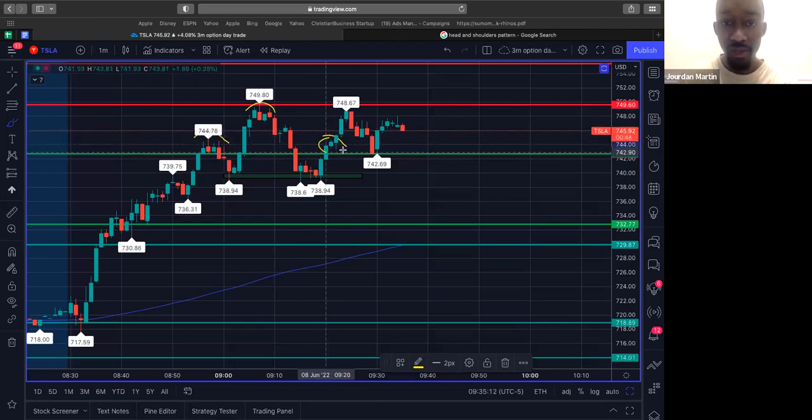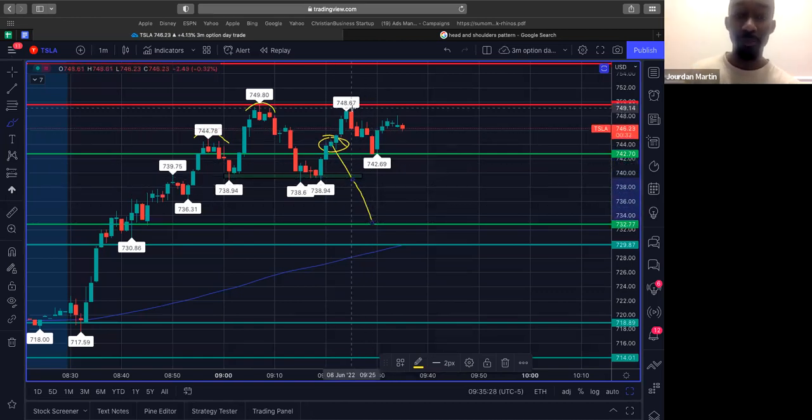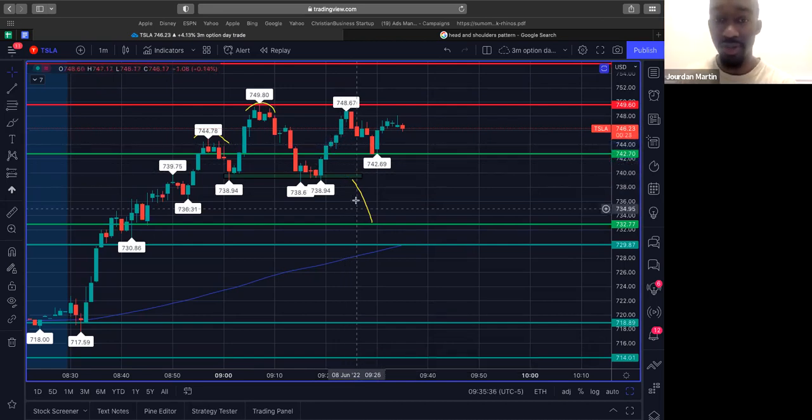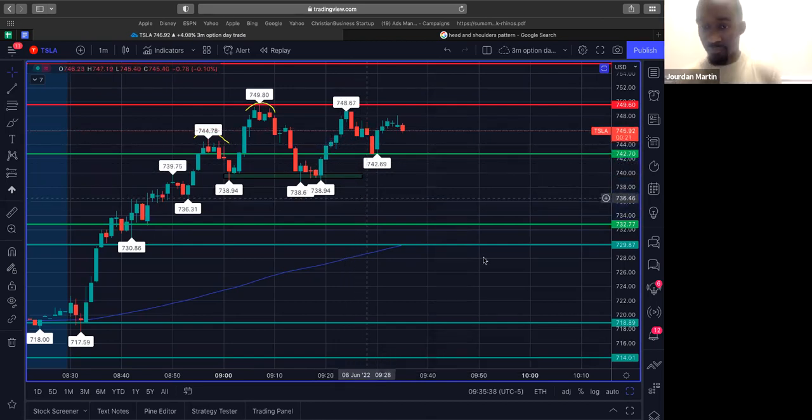So if right here Tesla retested this 745 area and then dropped right to here, that would have formed the head and shoulders. And then once it actually finished breaking through this level, we could see it drop back down and start retesting different areas. But because it continued up through there, no head and shoulders on Tesla on the 1 minute anyway. So that's why there is not a head and shoulders right there.